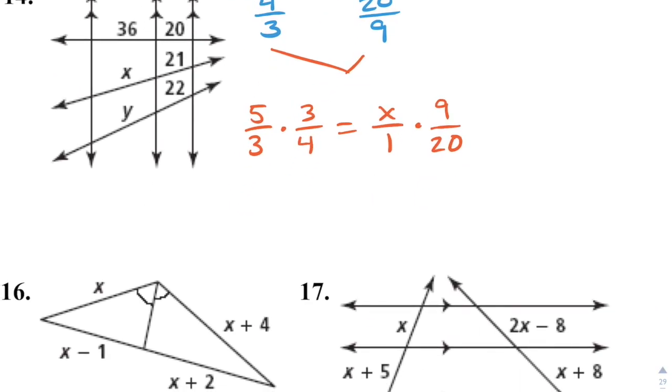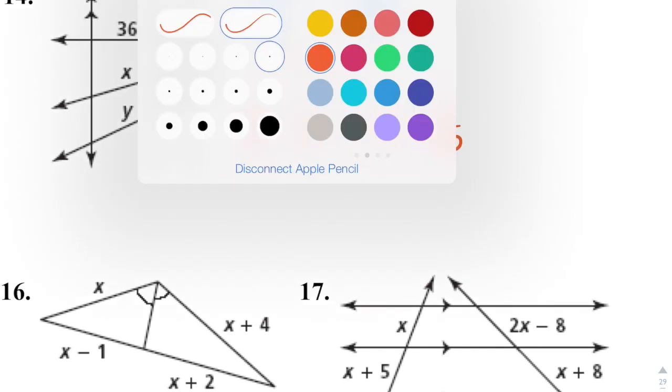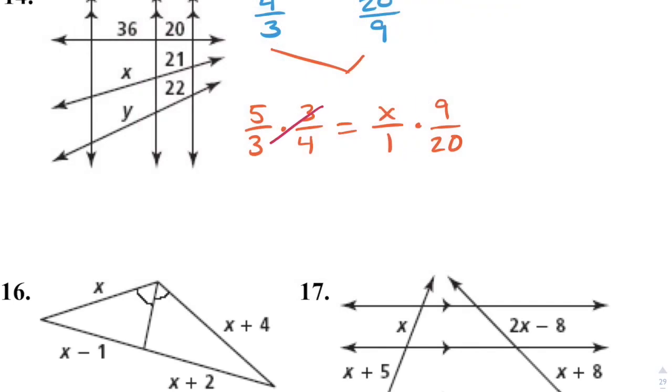That gives me 15 over 12, or I can just do this. Hopefully you see that. You can simplify if you want. That makes it easier. 5 over 4. You don't have to. Again, I could call this 15 over 12. Just simpler to call it 5 over 4. It'll all work out in the end. 9x over 20.